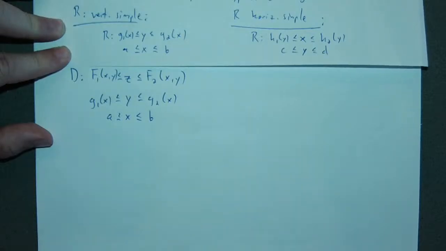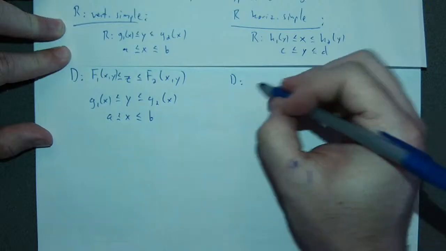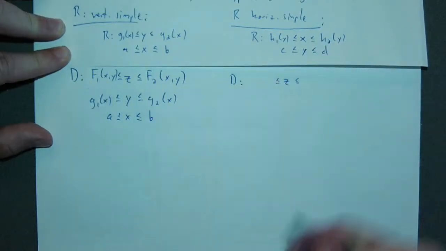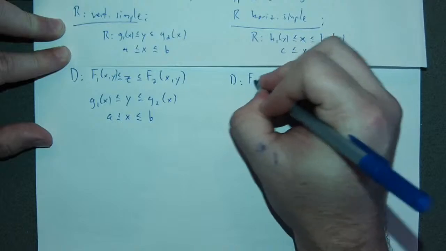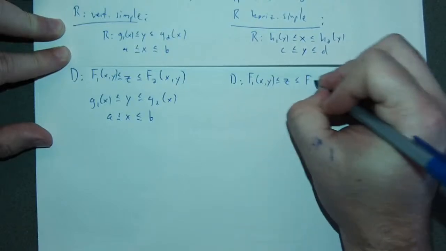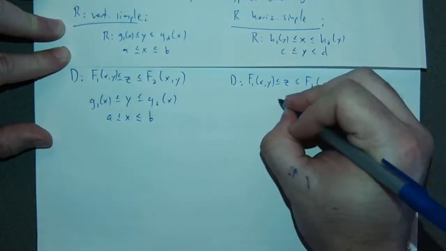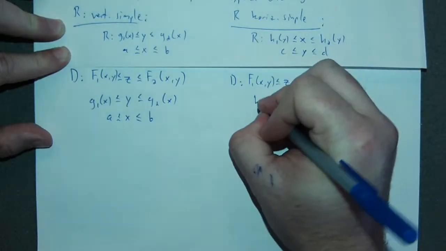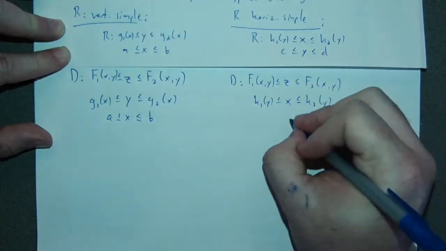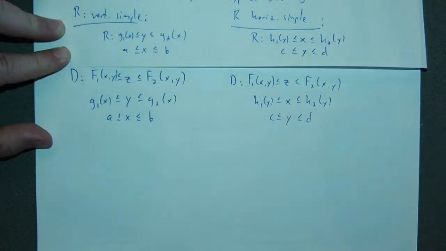If R is horizontally simple, we would say that the z restrictions don't change. So the z height is bounded between two functions, big F sub 1 of x, y and big F sub 2 of x, y. And x is bounded between the functions h sub 1 of y and h sub 2 of y. And y is bounded between c and d.